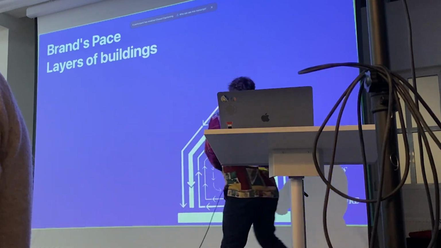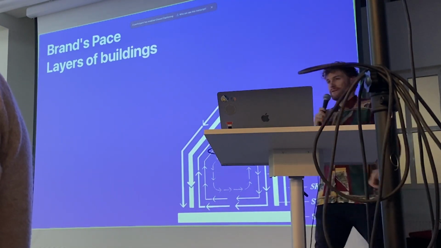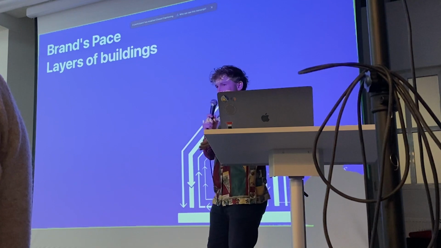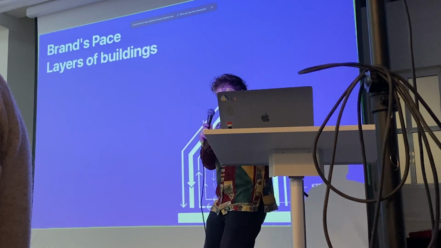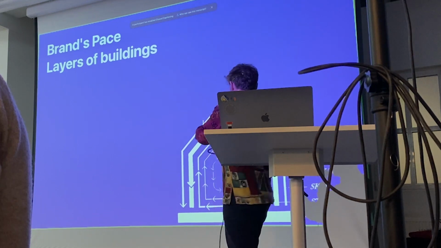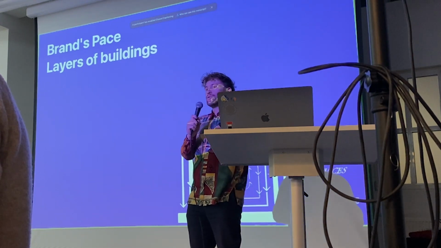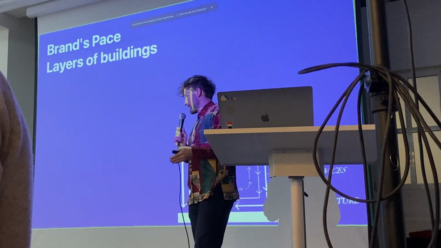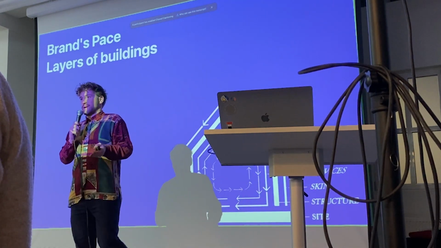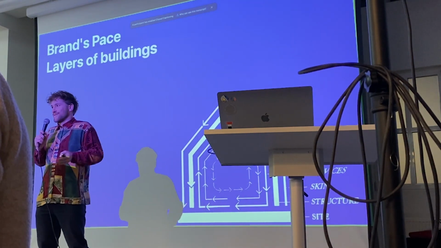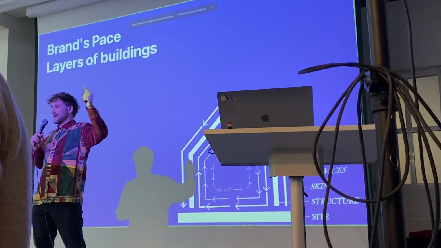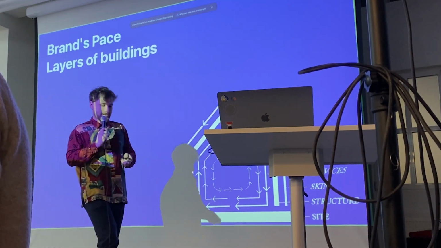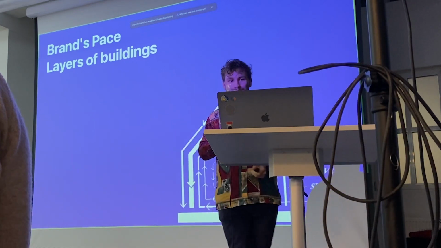On the other side, the site this building is standing on changes at geological pace, super slow. The structure of the building could be moved to a different site. Yeah, we could do that, but it would take forever and it would be a huge hassle, right? So we see buildings consist of different layers that change at different rates.